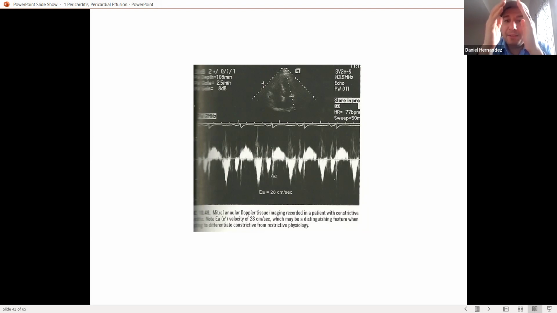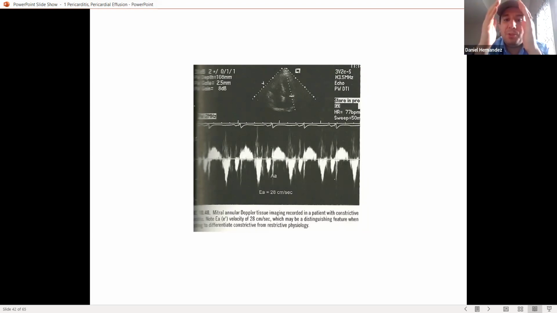So that mitral annulus that's attached to that myocardium can still have fairly normal motion because there's no disease within the myocardium. When we're assessing the movement of that mitral annulus up and down with constrictive pericarditis, since we have elevated left ventricular diastolic pressures, we're going to have increased early rapid filling.